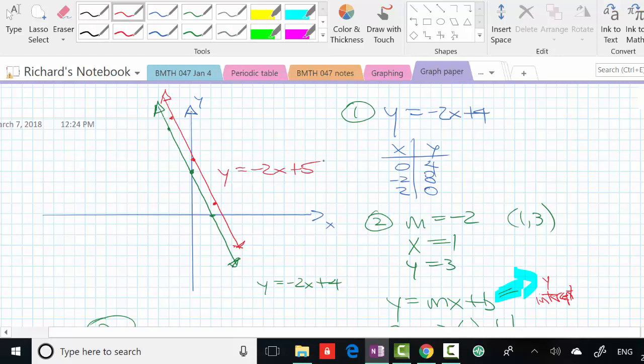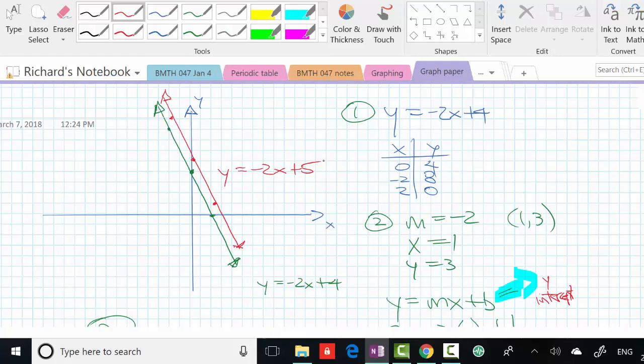On a test, you need to label all of the equations that you are graphing. You don't have to use color, but you have to indicate which line that you've graphed is for which equation. Notice that the two equations are parallel.